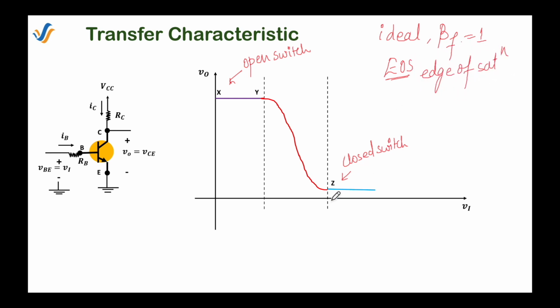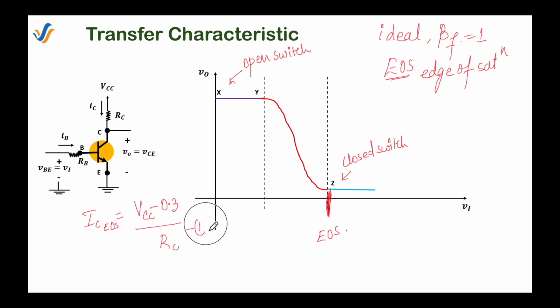The point at which the transistor leaves the active region and enters the saturation region is called the edge of saturation, and it is defined by the current IC/EOS, which is given by VCC minus 0.3 upon RC.